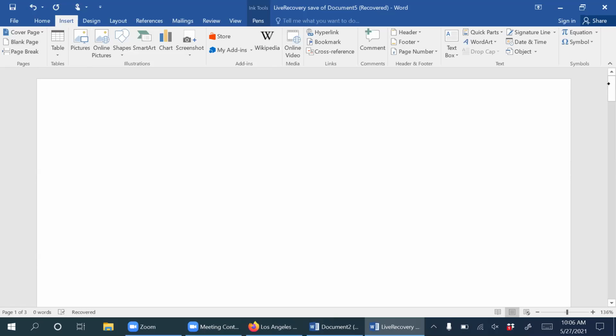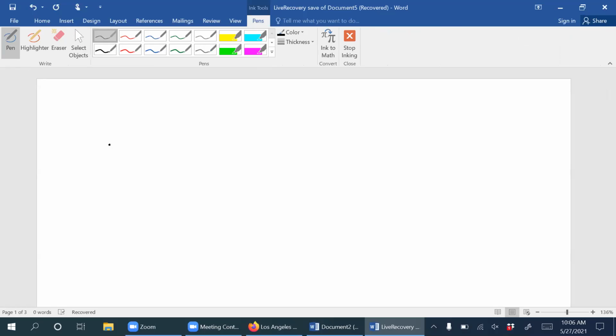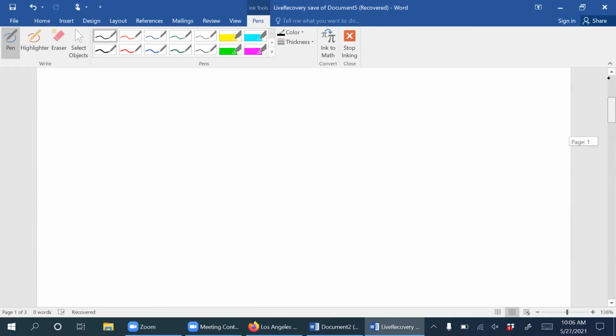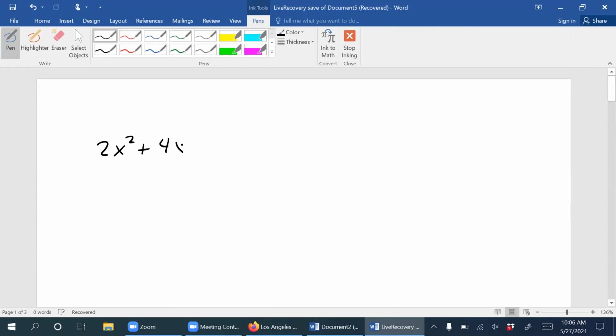Let's say it's going to be 2x squared plus 4x minus 3. So we're going to solve this by completing the square. Our goal here is, this will not be a nice answer, okay? This is not going to be a nice answer for us.